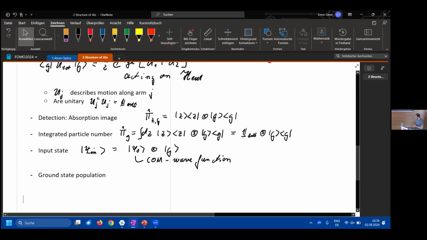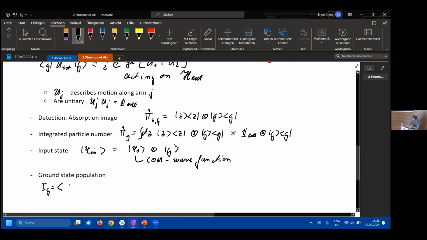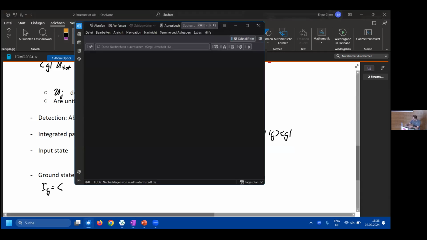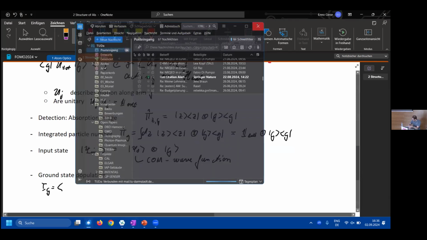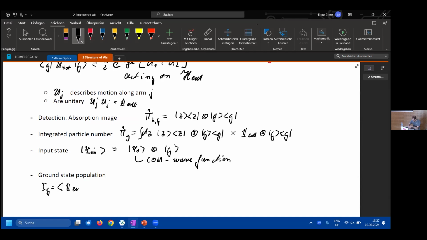And the ground state population, I just call it IG, is just the expectation value of one external times G. So this is just the number of atoms in my ground state. And that's the interference signal in the ground state.